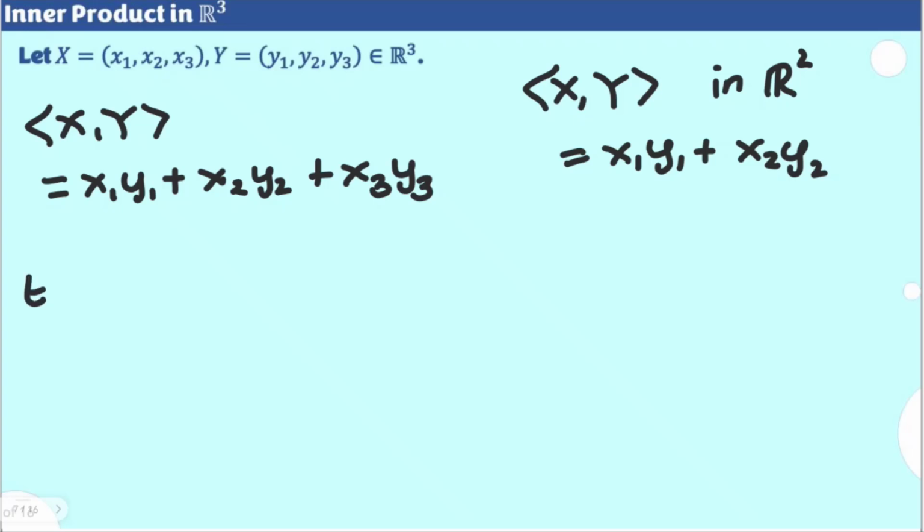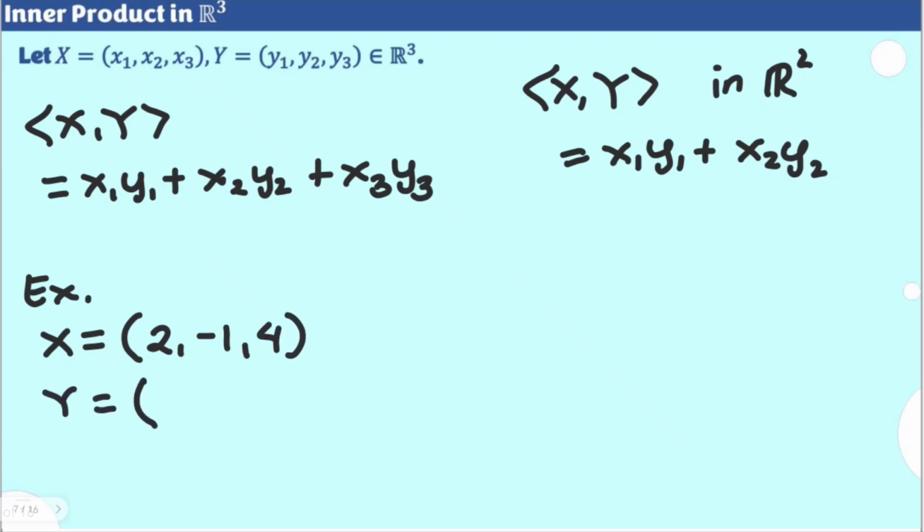Let us have an example here. Let us say our x is a vector in R3 with 2, -1, and 4. And our y is also a vector in R3, 0, 5, and -6. The inner product of x and y using these given examples is again the product of the components, and you add them.